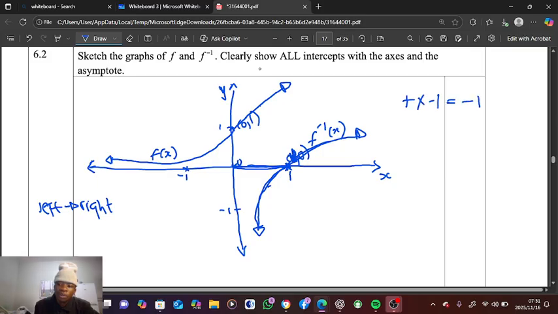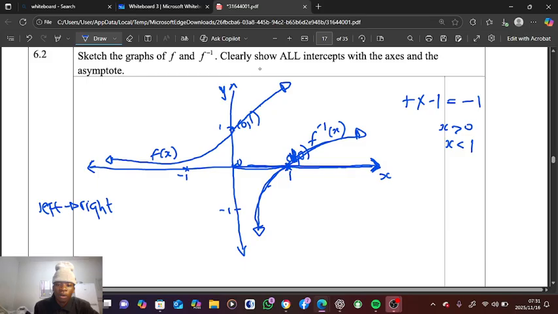Then this is the same as negative, because our inverse is negative and our f is positive, meaning our x is greater than 0 and x is also less than 1. So we move from 1 to the positive infinity on the x-axis.